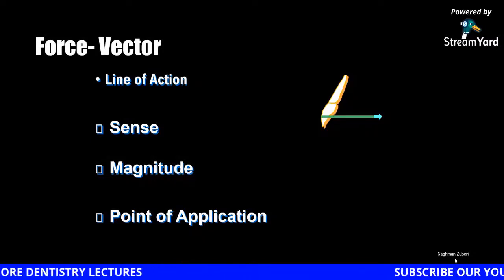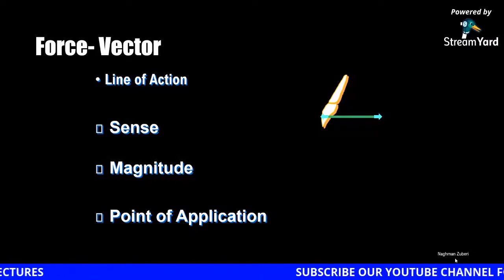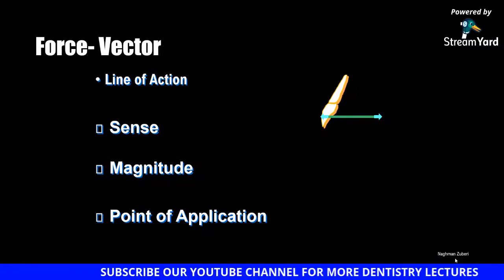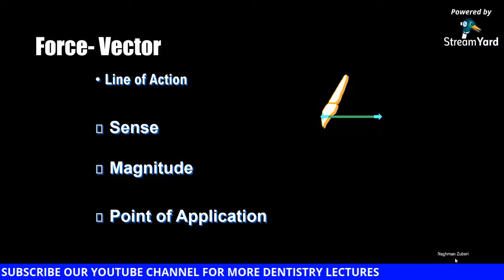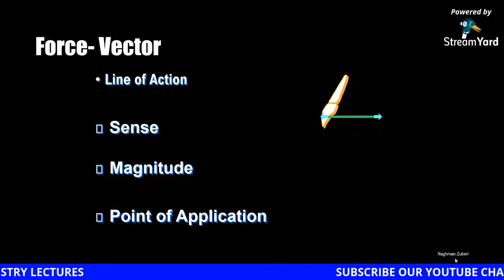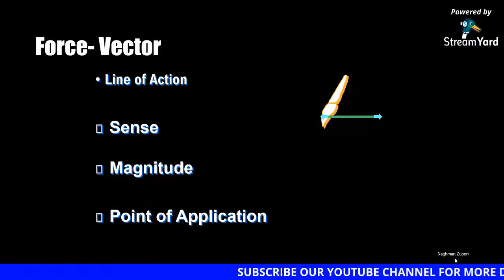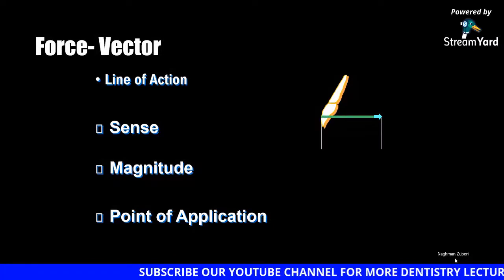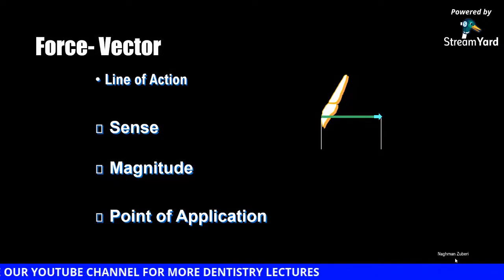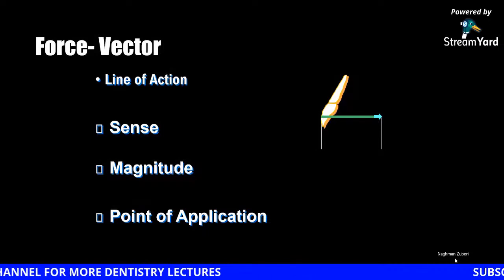Then every force has a magnitude. Though force magnitude is measured in newtons, in orthodontics, we measure orthodontic forces in terms of grams. And then the amount the tooth is going to travel, the distance it is going to travel, that is also predetermined.